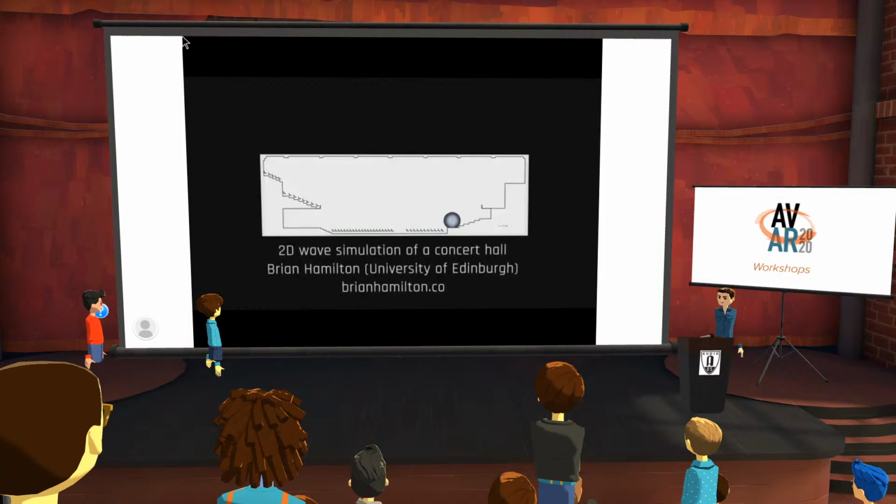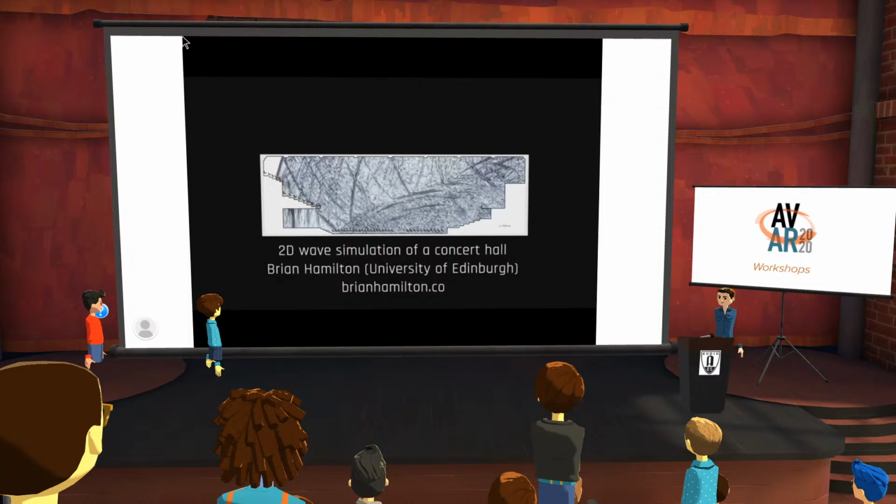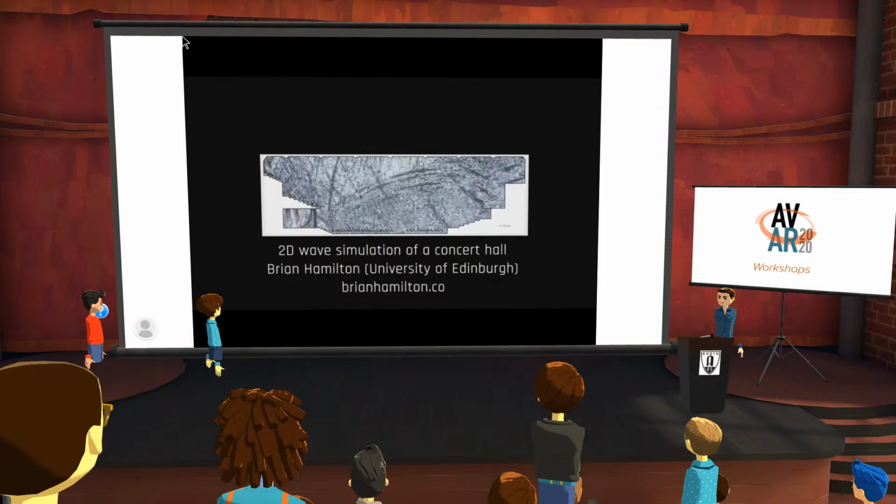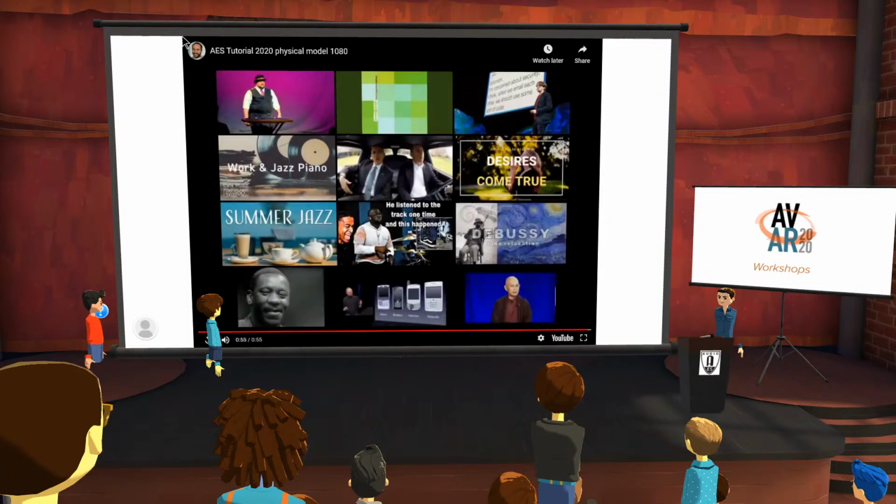A second example, thanks to Brian Hamilton at the University of Edinburgh, which makes that point even more clearly, is the following 2D wave simulation of a concert hall, which I could watch for many hours, I believe. And here you can see how sound reflects and diffracts over the seats and the different parts of the concert hall.